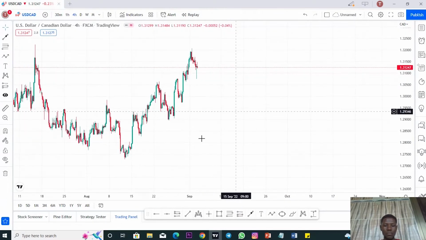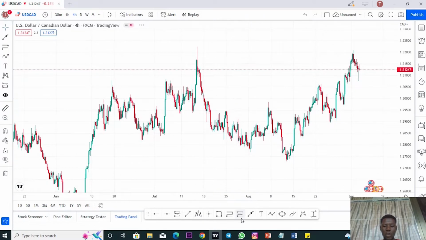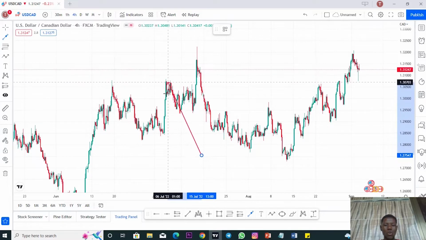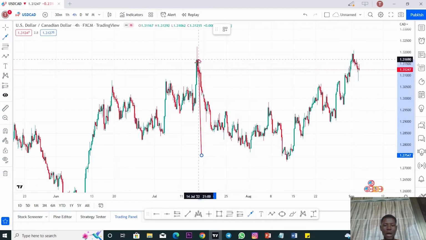On the chart you can see price spiked from this lower low, then moved to a lower high. You can see the spike, and then price started to consolidate at this level. And then another spike all the way to the upside here.